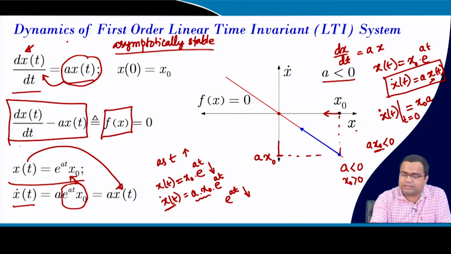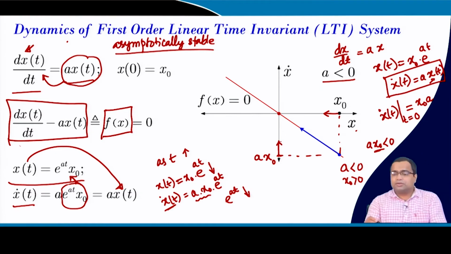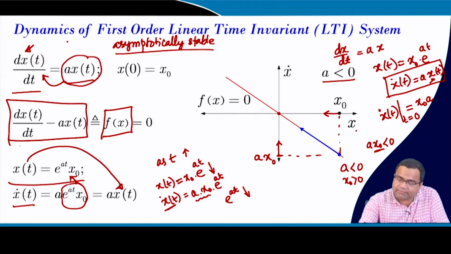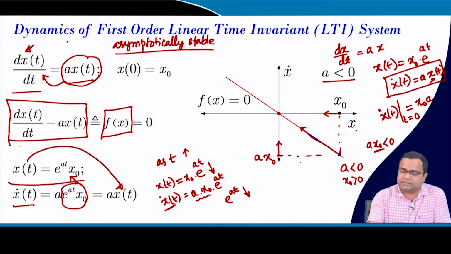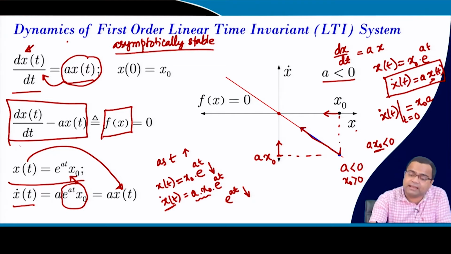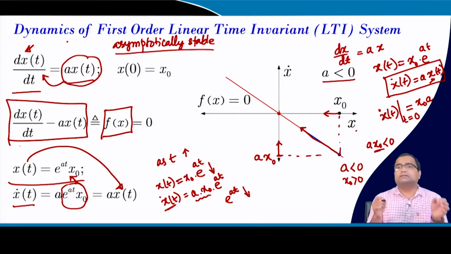So, it will go in this direction. Effectively their combination will move along this line, and this is the direction along which the trajectory, that means this vector, will move, and it will finally approach the origin, as t tends to infinity, it will go to 0.